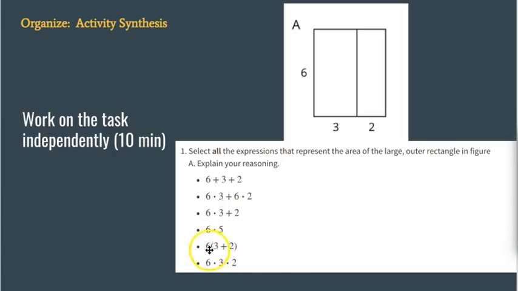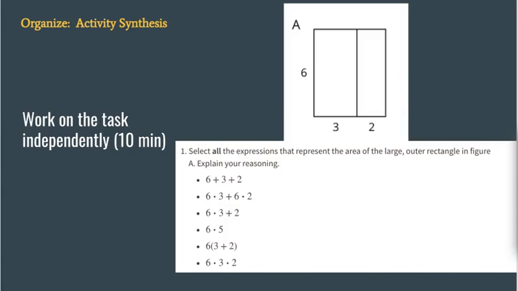We had this being the same as this one right above it, 6 times 5, because you're really thinking about that's just really taking that 5 and splitting it into 3 plus 2. So you can distribute or break those numbers apart in whatever way you need to help you solve.